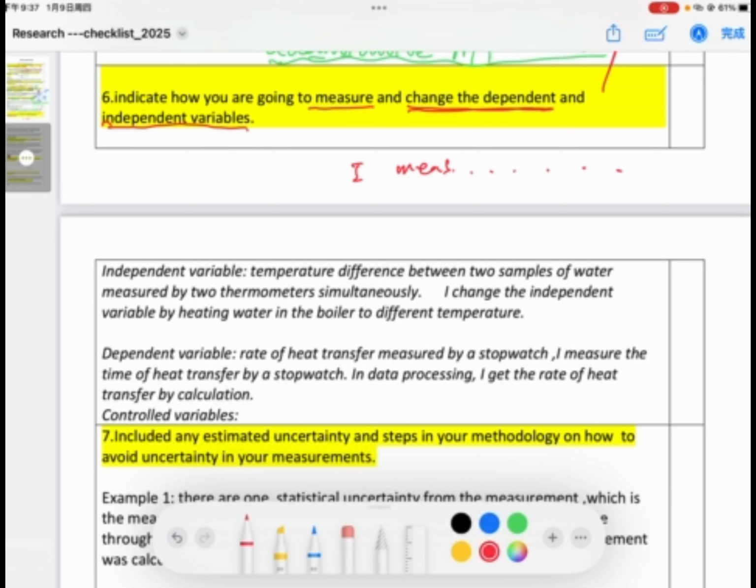Let's take this as an example. In this example, you are going to measure the temperature differences. Very often the general expression would be, I measured the temperature differences between 2 samples of water.